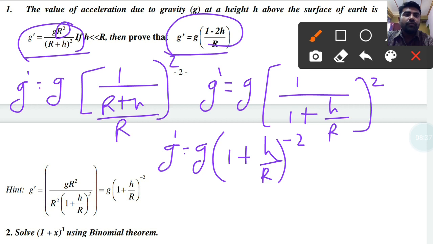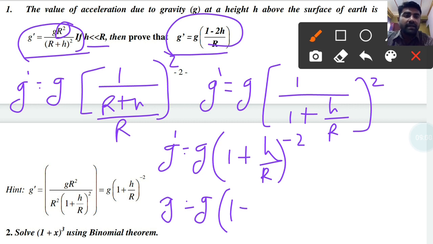So see, now this formula h upon r, so g dash is equal to g as it is, 1, by the binomial expansion theorem, here h is much less than r, right?